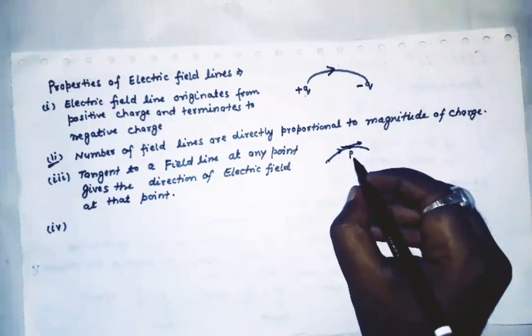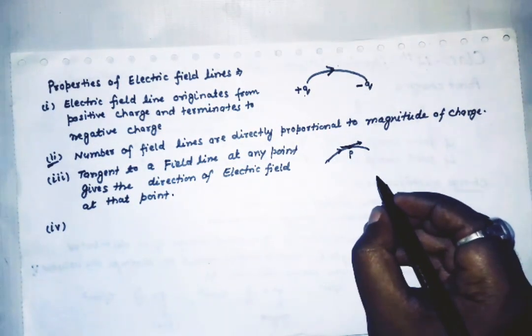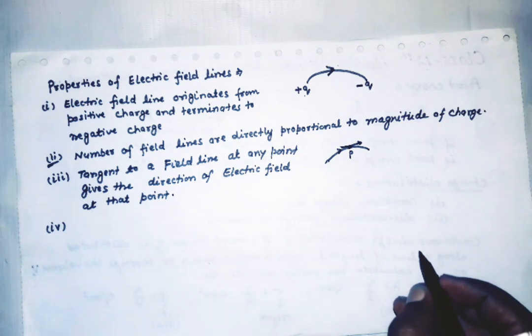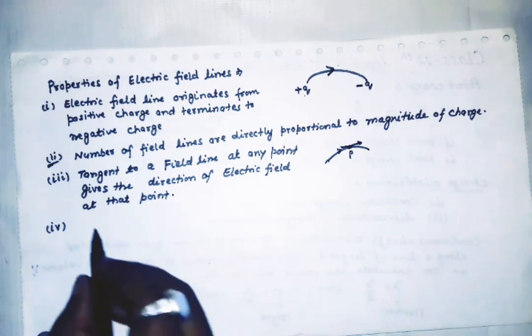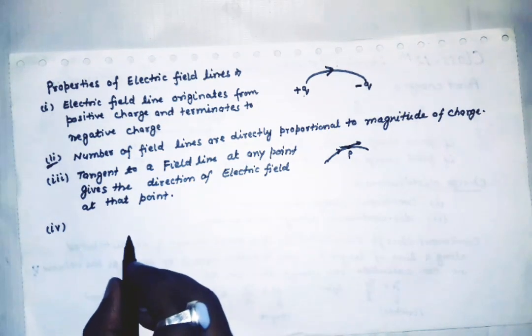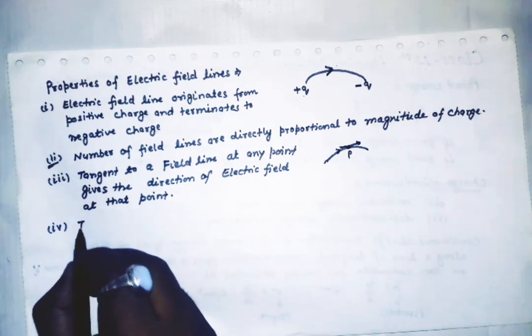For an instant, it decides the instantaneous path also. And also two or more electric field lines never intersect each other.